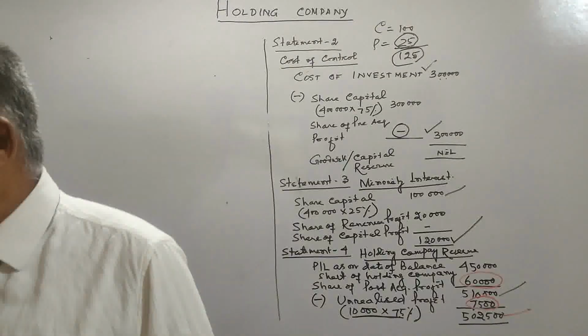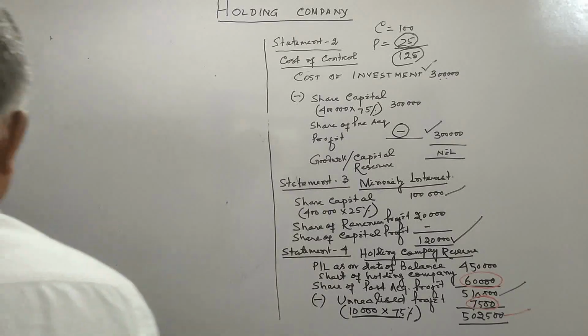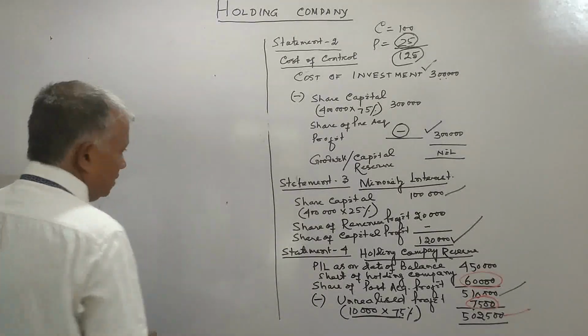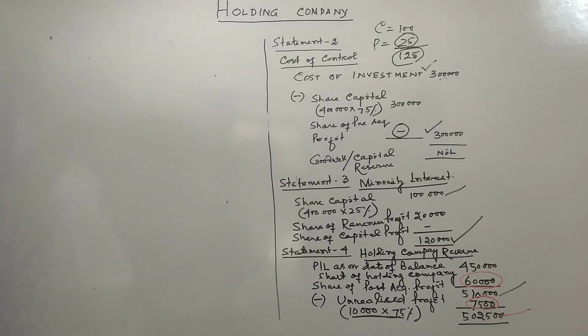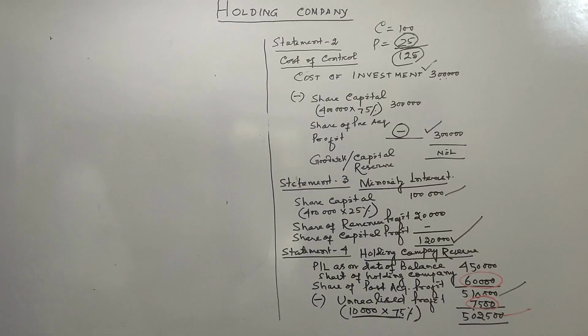If you go through adjustment number A, bills payable of B Limited comprise acceptance drawn by A Limited. So bills payable of B are accepted in favor of A Limited.